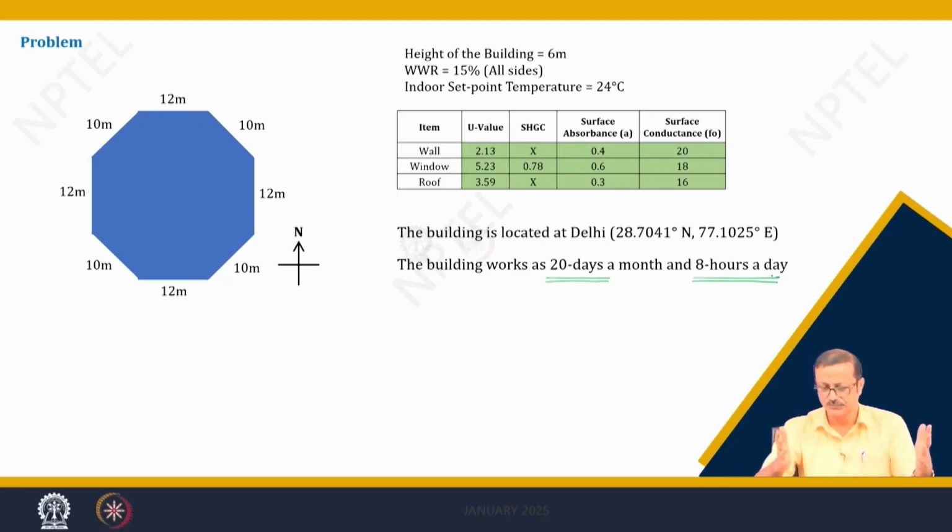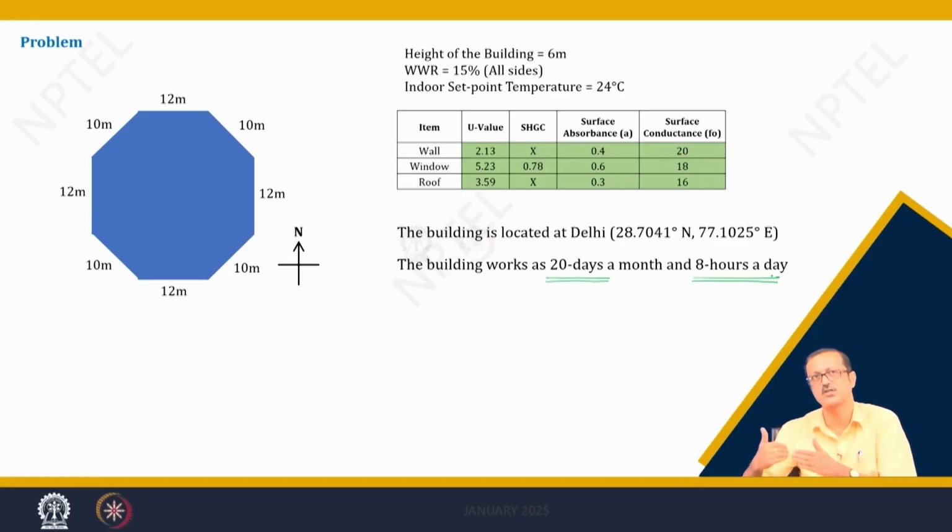So, what do I need? Number 1, I need at least the monthly average temperature, and the monthly average solar radiation of all the 9 sides. Why 9 sides? There are 8 sides of the octagon, and there is a horizontal roof. So, for all the 9 facades, I need the average solar radiation data per month.